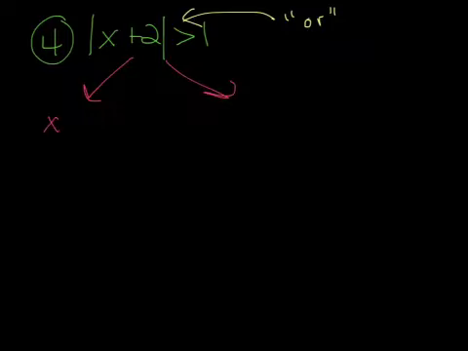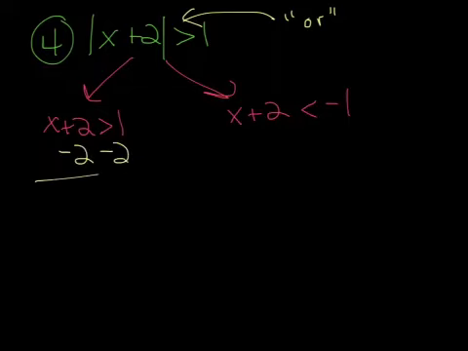So when I split into 2, I get x plus 2 is greater than 1. My first one, I change nothing. The second thing I get when I split it, I change 2 things. I change my sign, it's less than now. I make it negative 2. Now I'm going to solve each of these inequalities individually. I start by subtracting 2 from both sides.